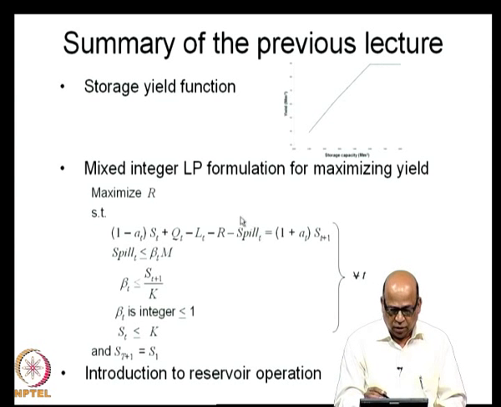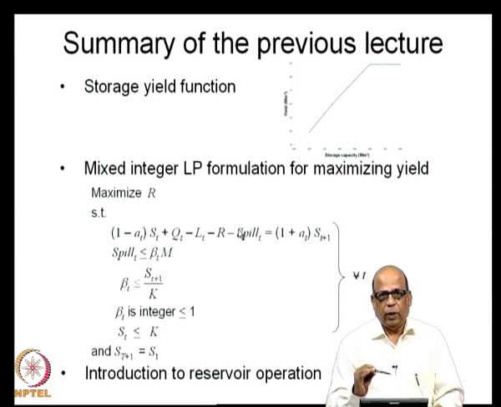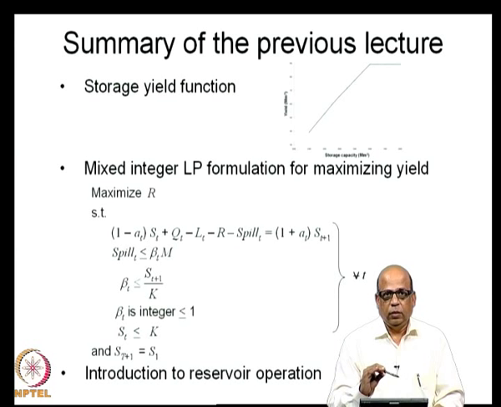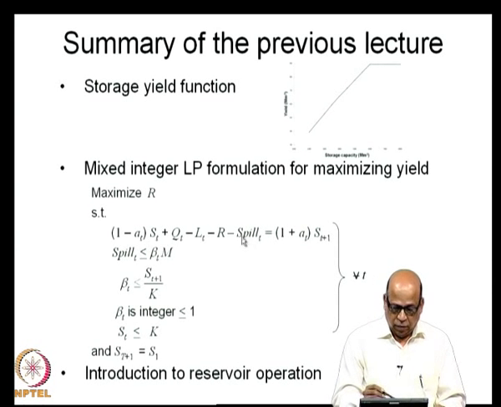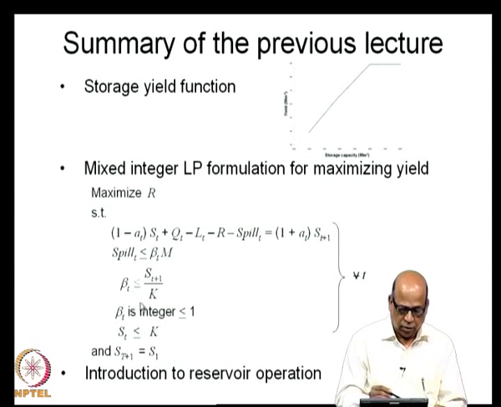And then we included explicitly the spill term here to make sure that the spill you obtain from the solution is non-zero only when the storage reaches the capacity. To ensure that condition, we include the integer variable. So, beta_t here is an integer variable and typically it is a binary variable, which means it can take on either 0 or 1.